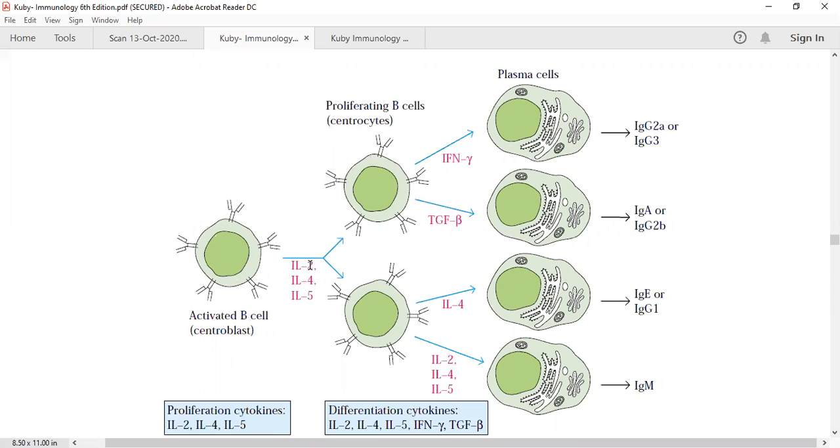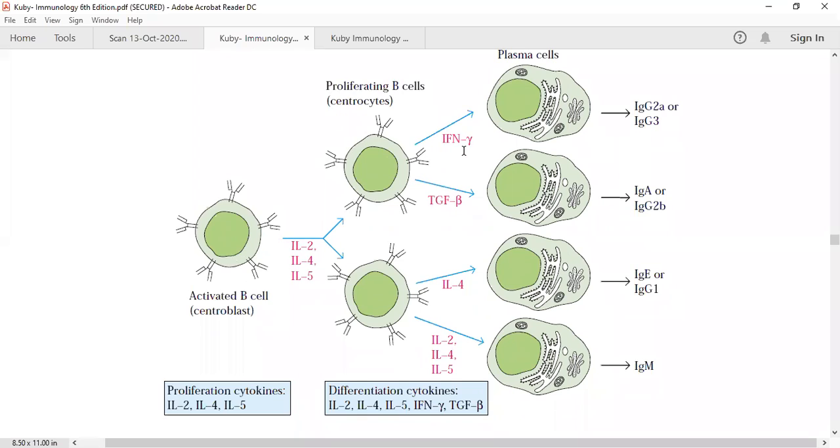We require interleukin 2, 4, and 5 so that they proliferate. Finally, when they differentiate, we require a different set of cytokines. For example, interferon gamma will help in the development of IgG2A, IgG3. These are types of antibody.